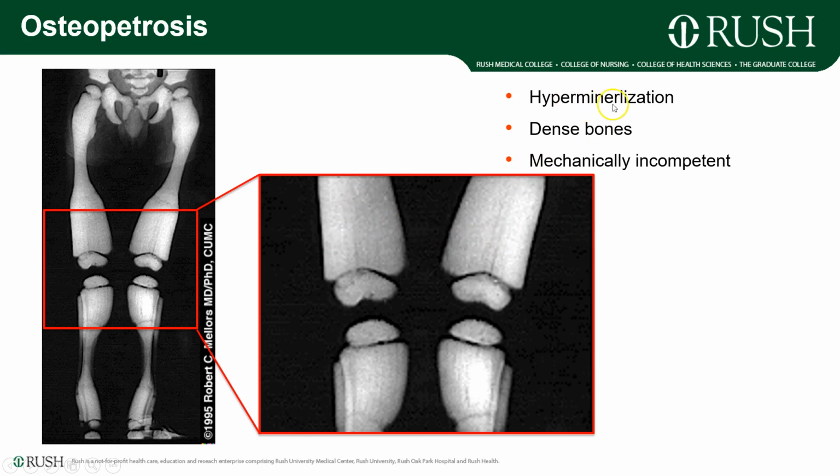So more mineral does not necessarily mean that there is a stronger bone. In fact, the mineral that is present in there is structurally incompetent, and so the bones fracture and the shape of the bone is severely affected, as is apparent in this image.